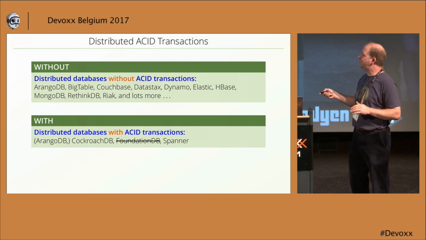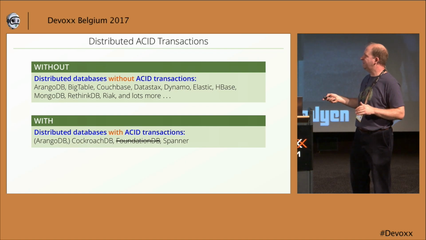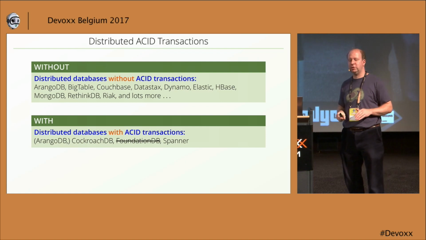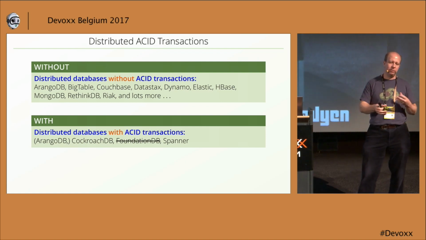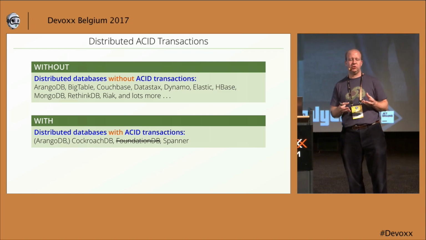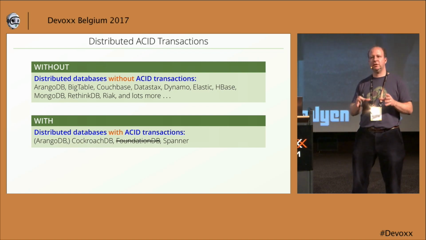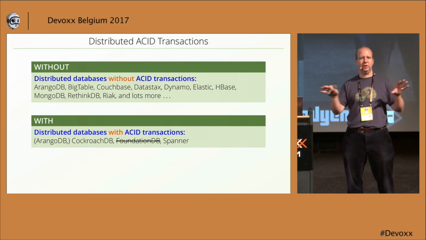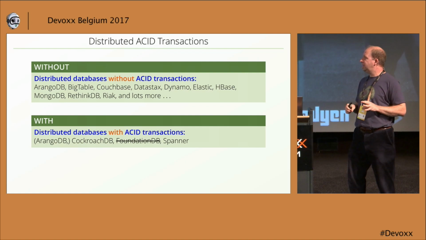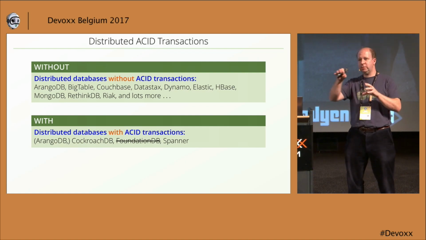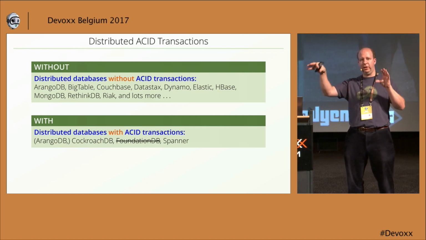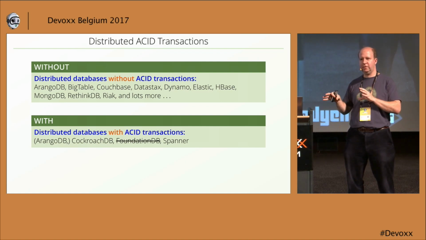You can notice that I have put ArangoDB twice here, because in the current implementation we don't have distributed transactions. So in ArangoDB we store JSON documents, and so changing a single JSON document is an atomic operation, and that is also in the cluster. But if you touch multiple documents, we cannot make ACID guarantees as of now.